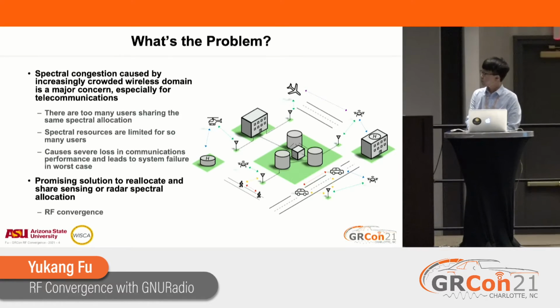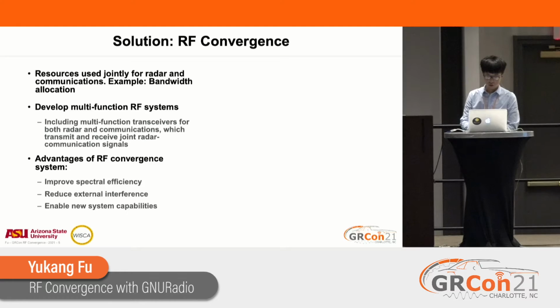So here comes a promising solution to reallocate and share spectral allocation, and that is RF convergence. Now let's talk about what RF convergence is. We use resources jointly for radar and communication systems. For example, bandwidth allocation: we use the same spectral allocation for both radar and communication signals.